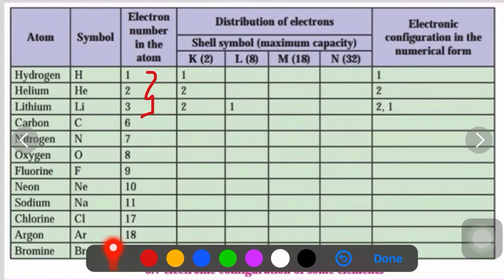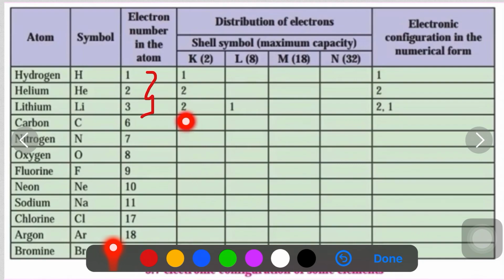As you can see, the table consists of the atom, its symbol, the number of electrons in the atom, then the distribution of electrons based on shells, and lastly the electronic configuration in numerical form. The first 3 rows are done for you and the remaining you are going to do.